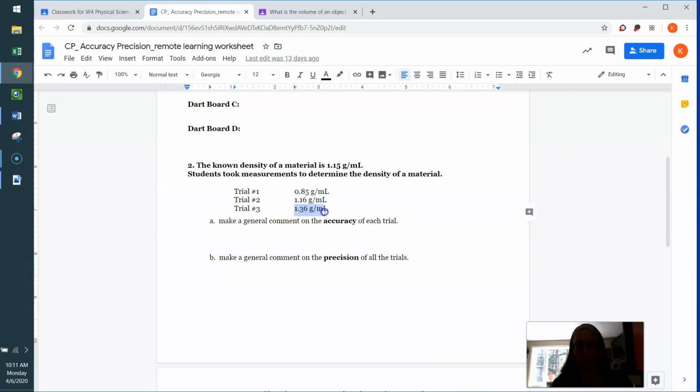Trial 3, not very accurate. You have to take them individually to compare them to the known. Okay. For part B, if we're talking about the precision of all the trials, I'm looking at all trial 1, 2, and 3. I'm comparing the 0.85 to the 1.16 and the 1.36, and I would say they had very low precision. Nobody got a measurement that was close to each other.